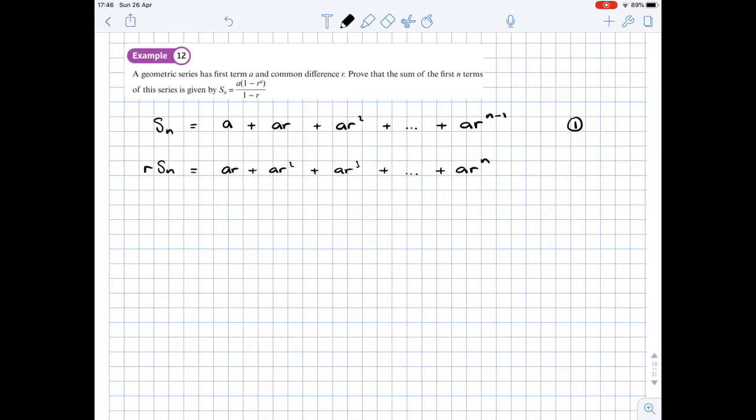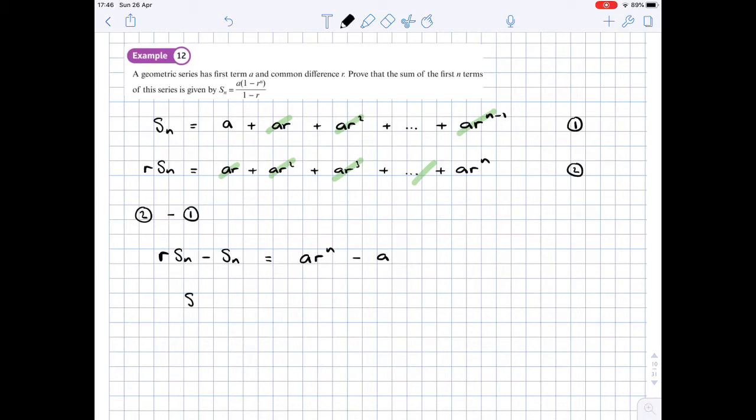I'm going to label the first line 1, second line 2. So now, if I do line 2 take away line 1, I'm left with r Sn minus Sn on the left hand side. Now, what you'll realise, hopefully, is that these terms will all cancel, leaving us with ar to the n minus a.